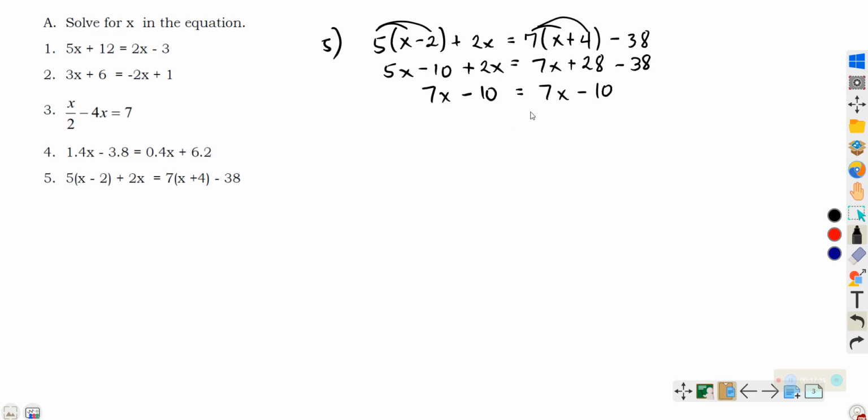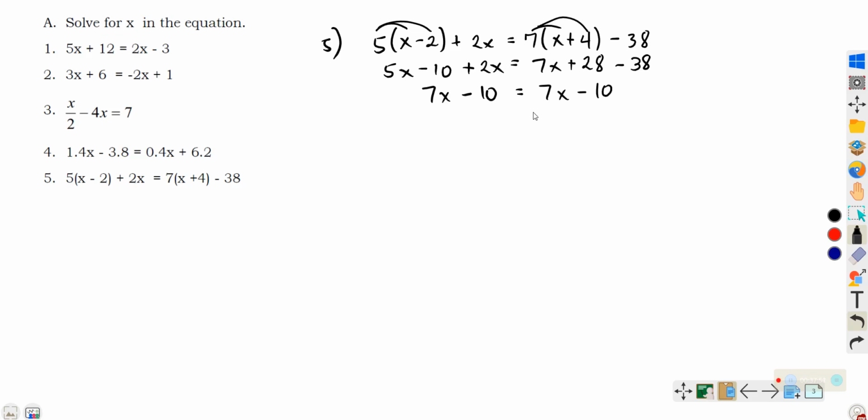Ma'am, ba't ganyan? Ba't po magkamuka yung left side at yung right side? 7x minus 10, tas 7x minus 10 din. Since equal na siya, nag-equal po to, yung dalawa, yung both sides na equation, ibig sabihin po niyan, meron pong ibang pakahulugan to. Okay?